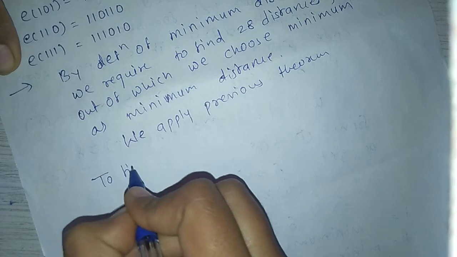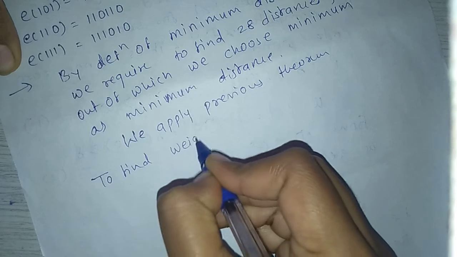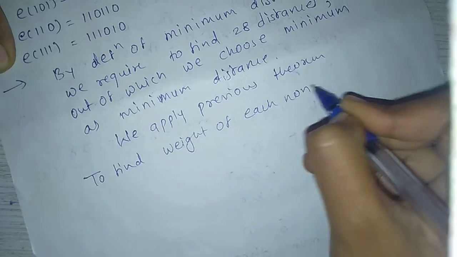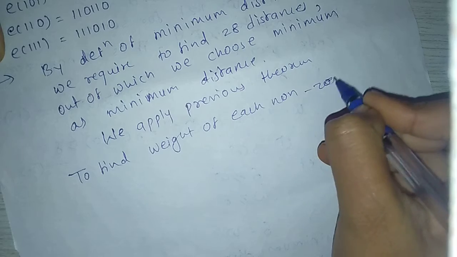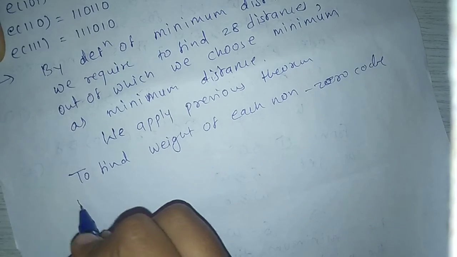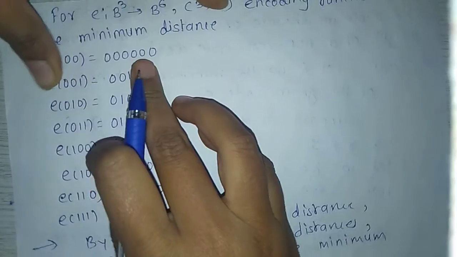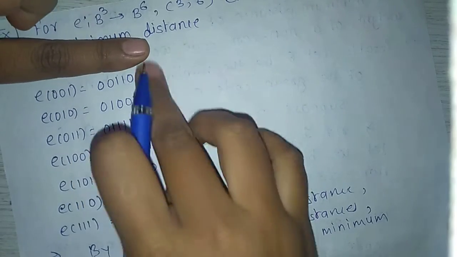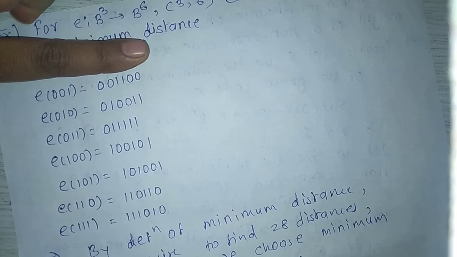Here this is the zero code word. Neglect this. These are nothing but the non-zero code words.